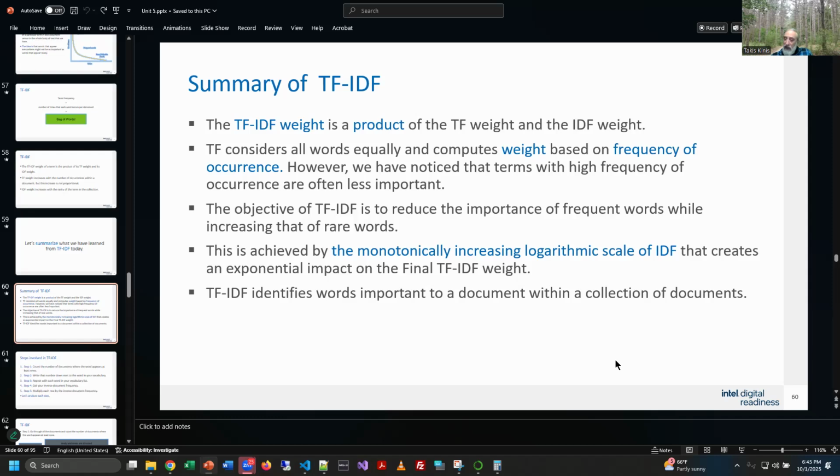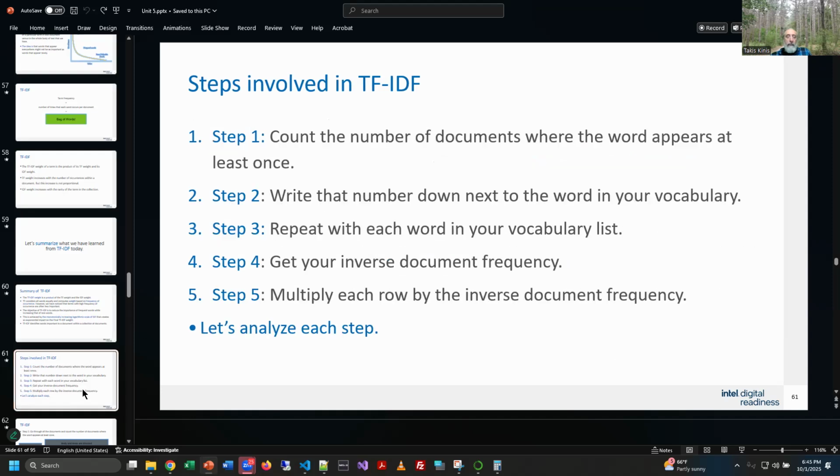We also want to start ignoring all the weird stop words and things that just happen all the time. And the more of the rare words that we identify, the more important they become on that scale, right? And because we're doing a combination of those two approaches, this is pretty effective at finding the important words in a document.